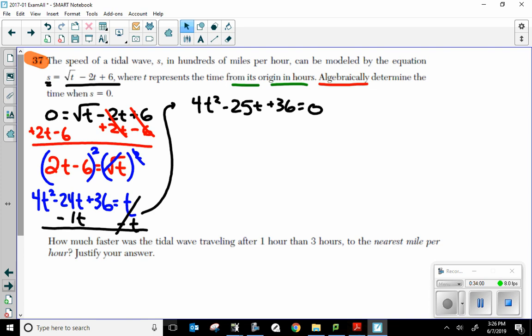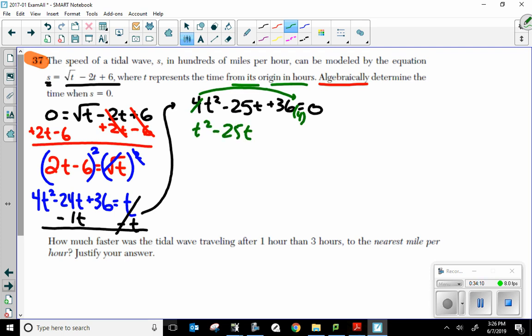I do something called the slip and slide method, and I've taught this during the year. I slip the 4 out back, and I multiply my last number by 4. So now it's t squared minus 25t plus, if I multiply these, I get 144 equals 0. Now, I've got to factor that.